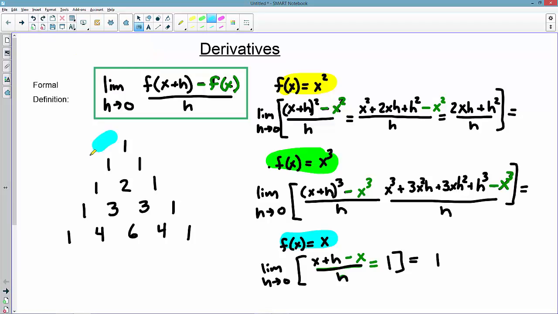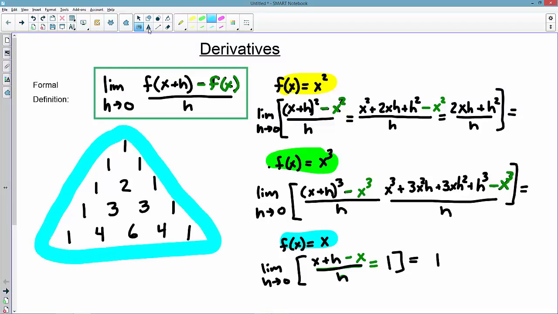And over here on the right side, I put Pascal's triangle, right? And that's really important because when we do these expansions, so over here, when we do f of x equals x squared or f of x equals x cubed, there's a quick way to do it using Pascal's triangle. And if you remember, this is, let's say, for example, x plus 1 to the 0 power.